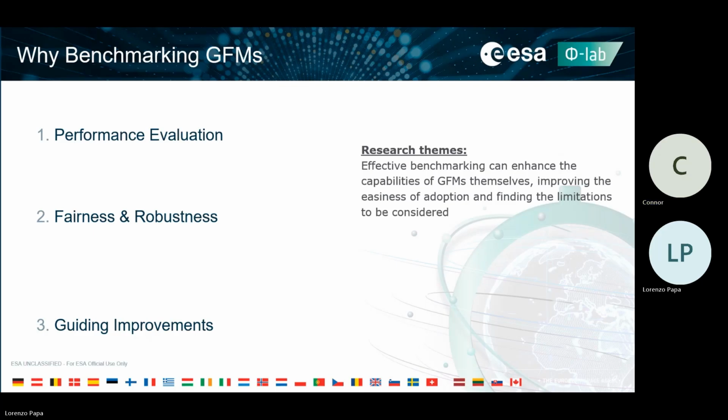This is very important because first we need to perform the evaluation of the model, and then we need to see if the model behaves well and is robust to different applications and different domains, and also study which improvements we can apply to them.